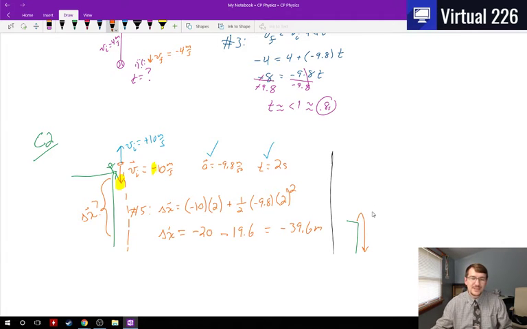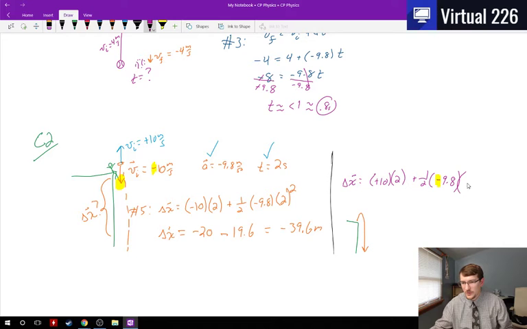Okay? It's the same equation. It's just equation number 5 again. Except this time, when we use equation number 5, delta x is just positive 10 times 2, that's the time, plus 1/2, negative 9.8, gravity, if we're calling down the negative direction, it's still negative. You didn't change gravity. If you could, let me know.